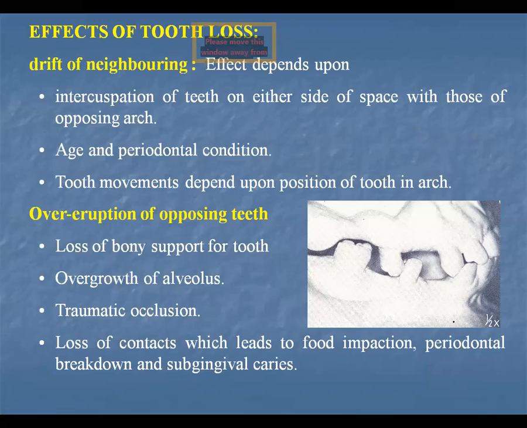So what is the effect of tooth loss? Basically, if you see many patients in any OPD, the patient has a missing tooth for a long period of time. The drifting of the teeth occurs. Basically, if the location of the tooth is here, the teeth tend to drift here. It moves from one side to the other.